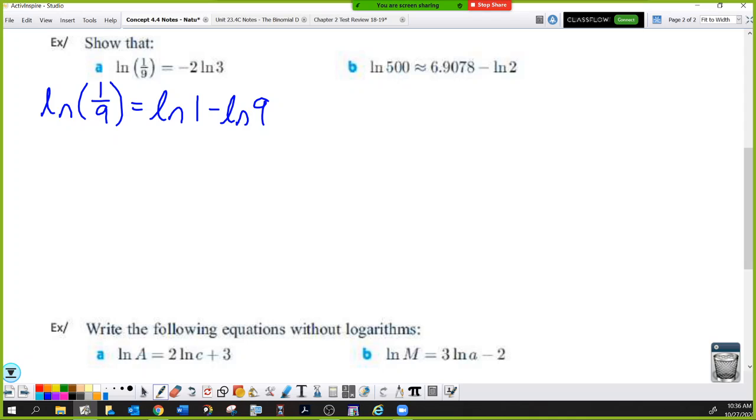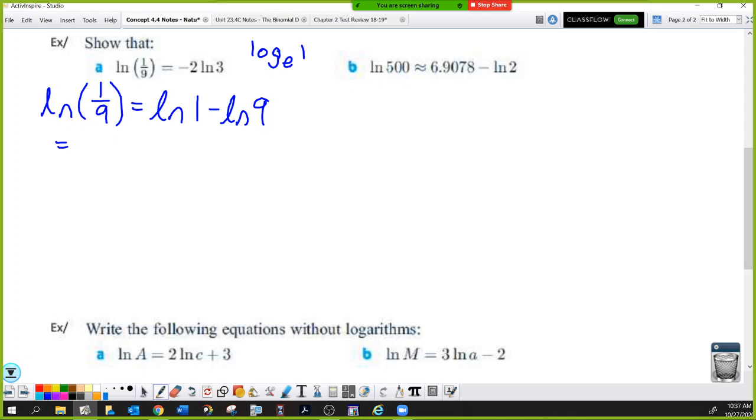And it doesn't matter what the base is, if the argument of a logarithm is 1, that logarithm automatically has a value of 0. The reason why is that log base e of 1 asks, what power of e would give me a 1? 0. E to the 0 would be 1.